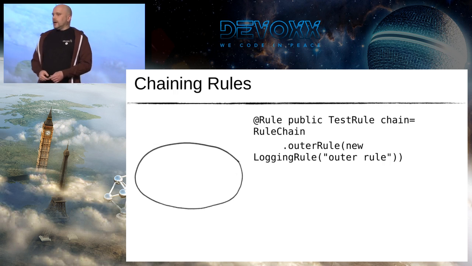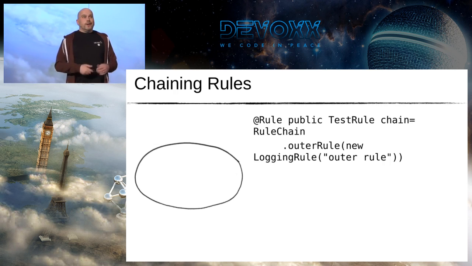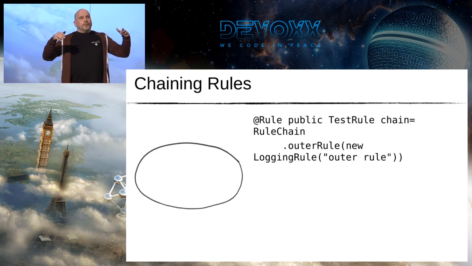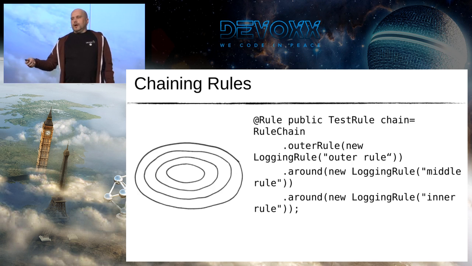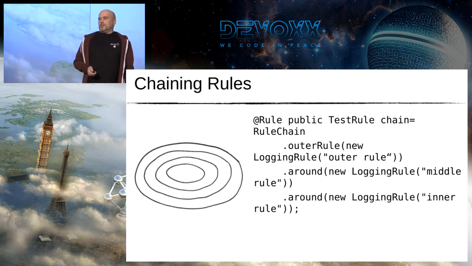You start with the rule chain and an outer rule, which is actually the rule that gets applied last, and then you stuff a rule in there and another rule in there, and in the end you get your statement in there kind of wrapped in all the other statements of your rule. And thereby you can control the order in which rules get executed.